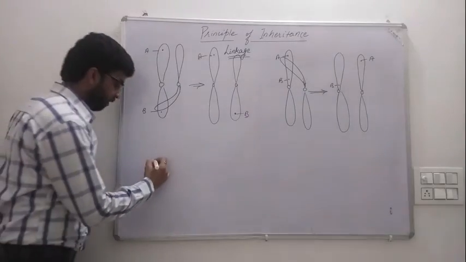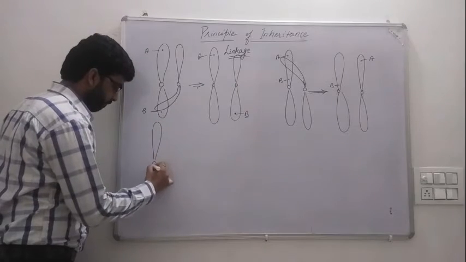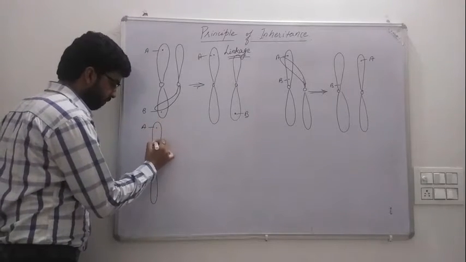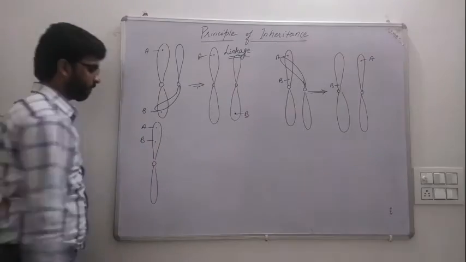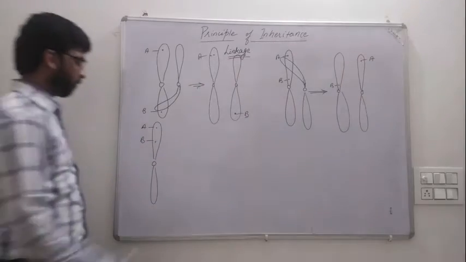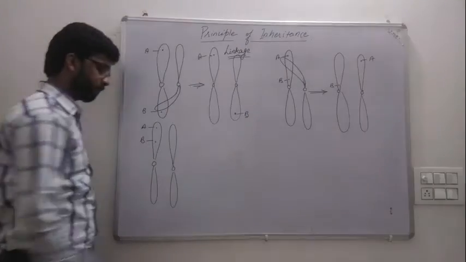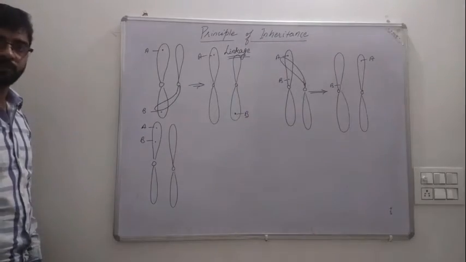Okay, let's do another possibility here. There's gene A and gene B, and another homologous chromosome here.